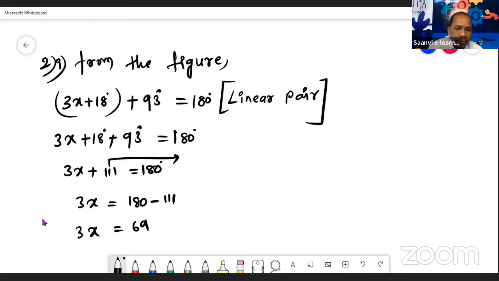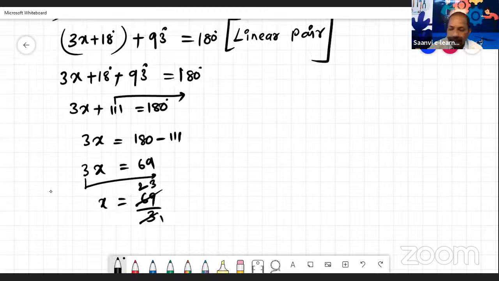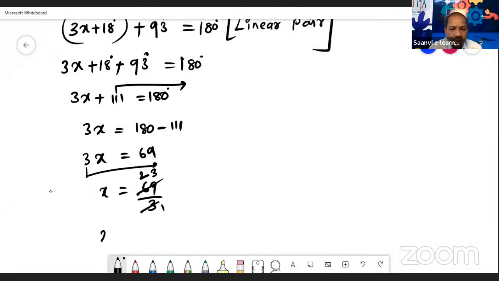Now this 3 also goes to the other side. X is equal to 69 by 3. So 3 1s are 3, 3 2s are 6, 3 3s are 9. What is the x value? X is equal to 23 degrees.